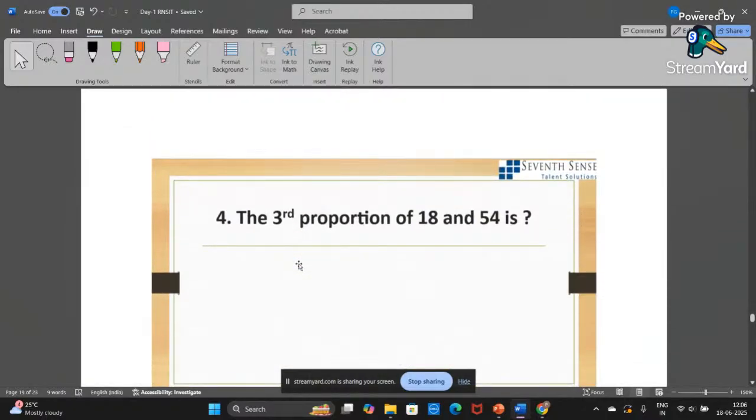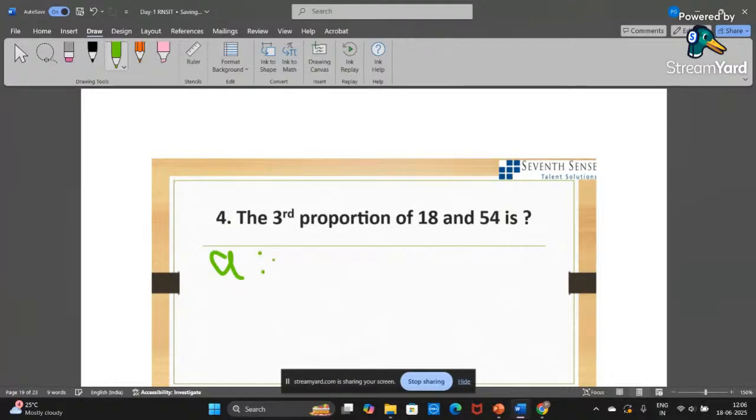Next. Here we need to find the third proportion of 18 and 54. First, let us write how many ratios are there here.